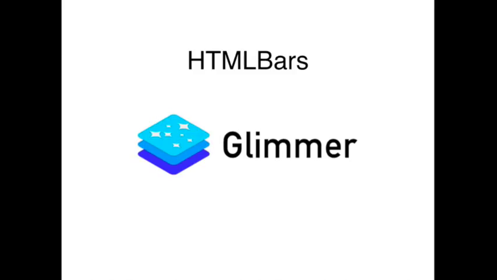The next one is Glimmer. This is the big one, which emerged in the 1.13 release. Similar to how the Ember core team were inspired by Angular's work on components, they've been very inspired by the React programming model. So they've implemented their own DOM diffing library.